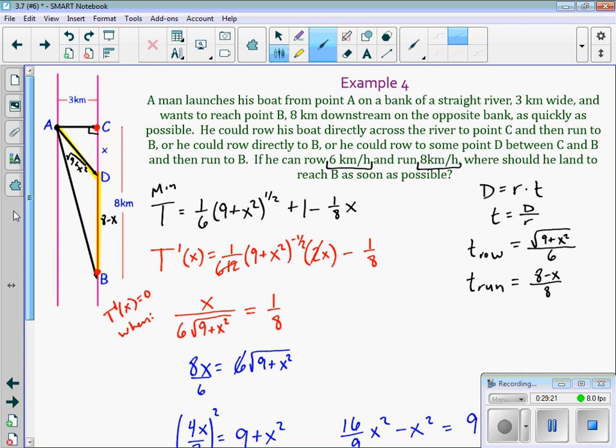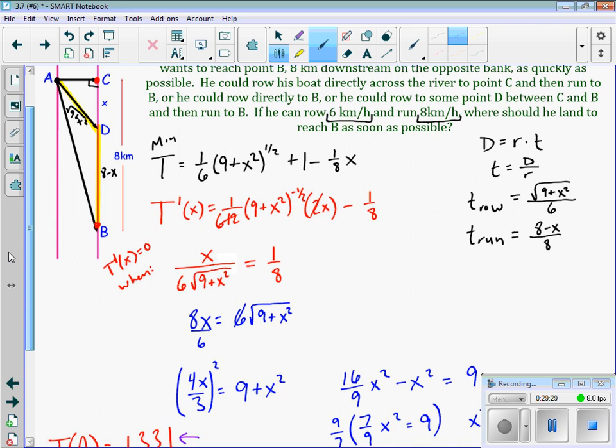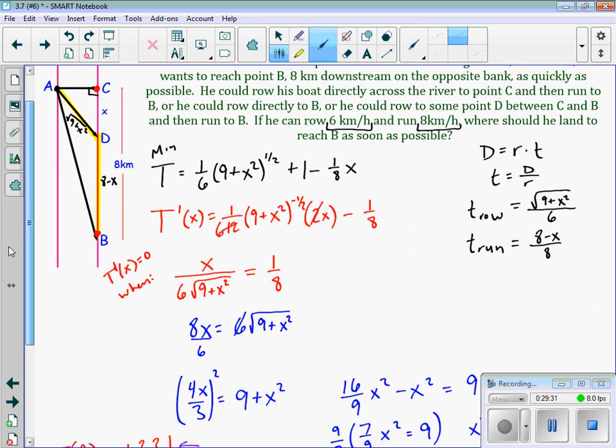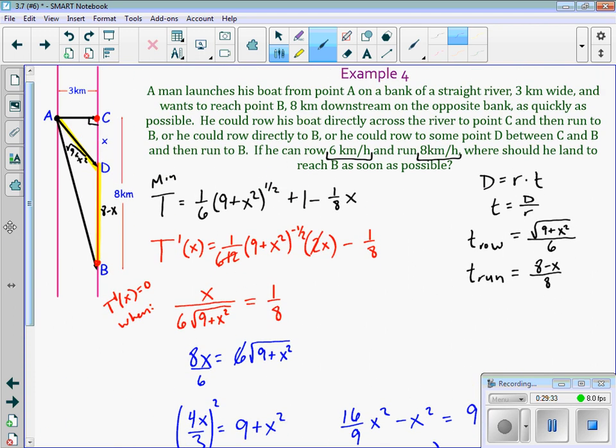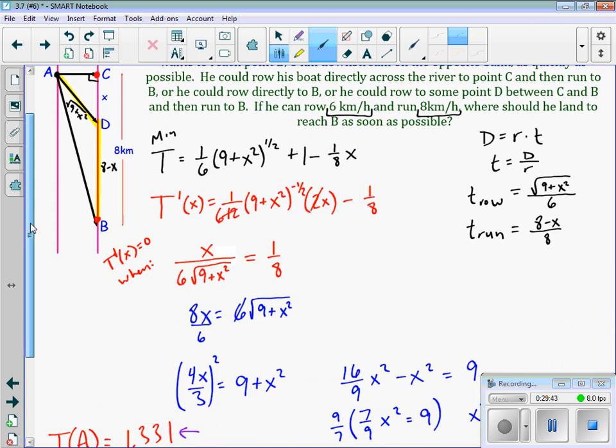So where should he land to reach B as soon as possible? So he should land 1.331 kilometers down the river from where he started. Huh? Oh, I just found time. Thank you.